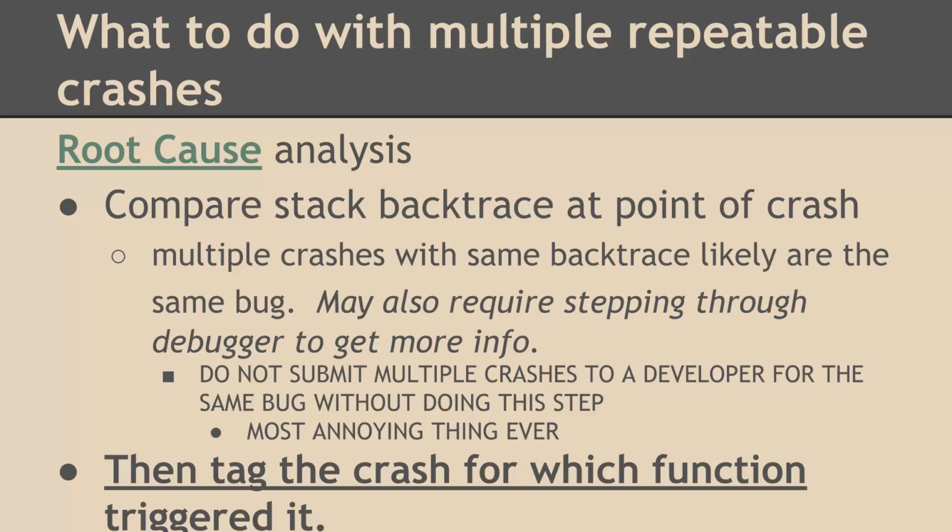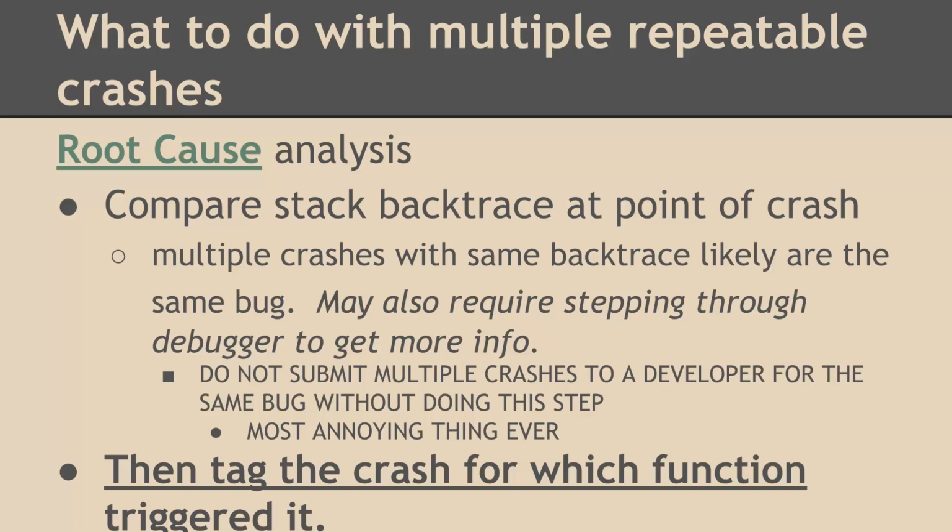What you want to do for crashes is compare the stack backtrace at the point of the crash. This should be given to you by the debugger that is spitting out information for your fuzzer. If you're coding a debugger from scratch, almost every guide should instruct you how to do this. It's relatively simple.